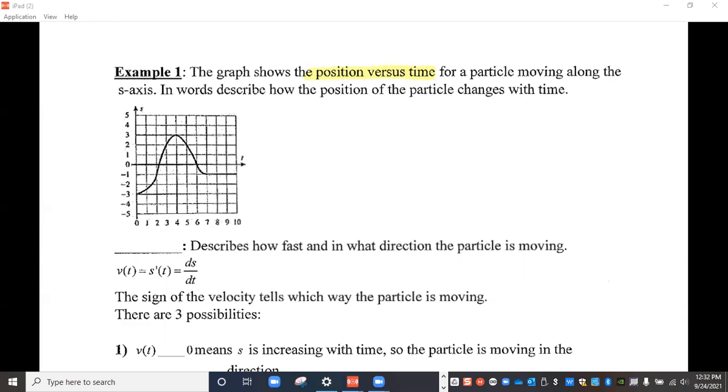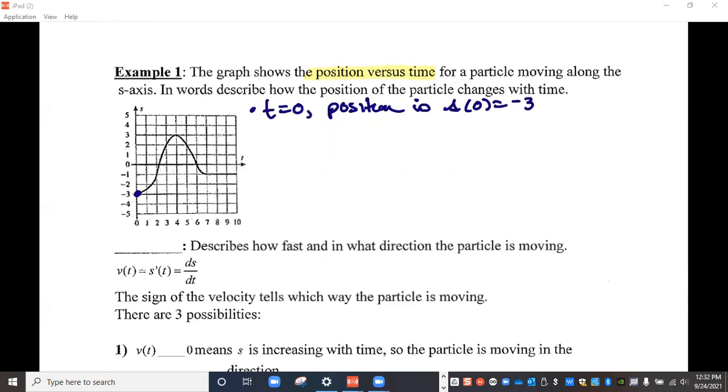So for example, starting at t is equal to 0, the position of the particle is at S of 0 is equal to -3. So the position of my particle is -3 at time t is equal to 0. Then what happens is my particle starts moving.